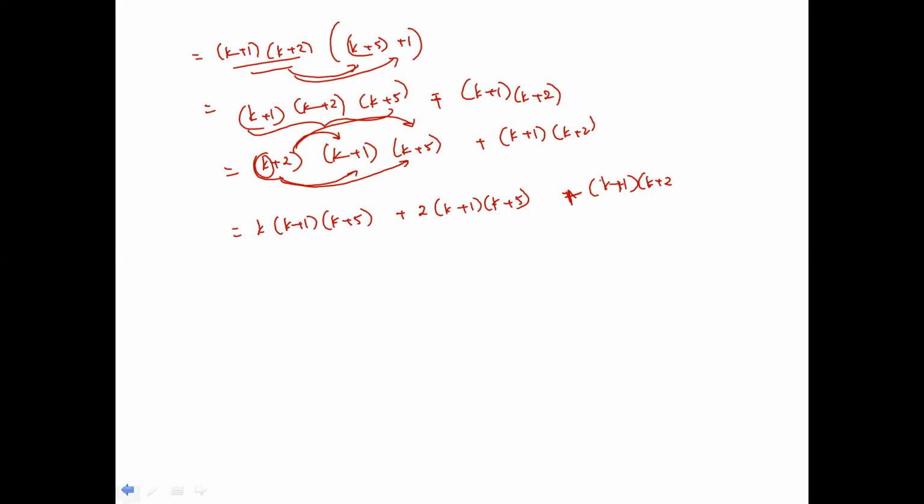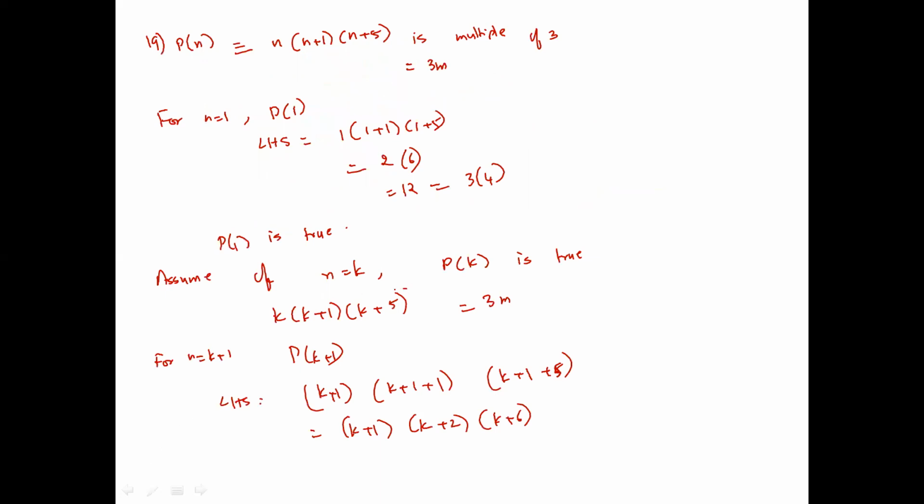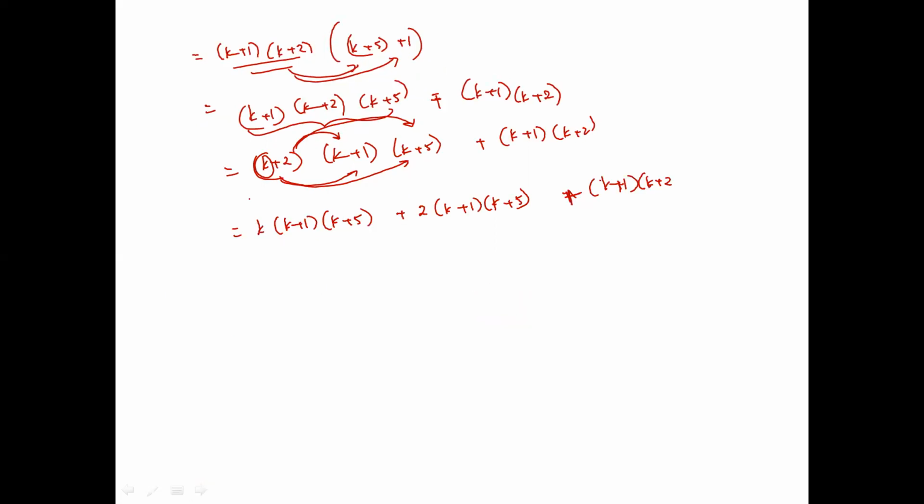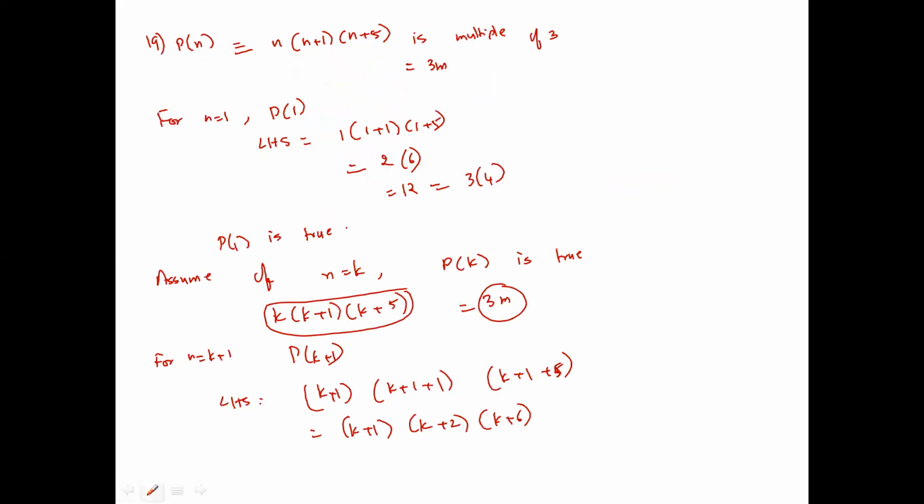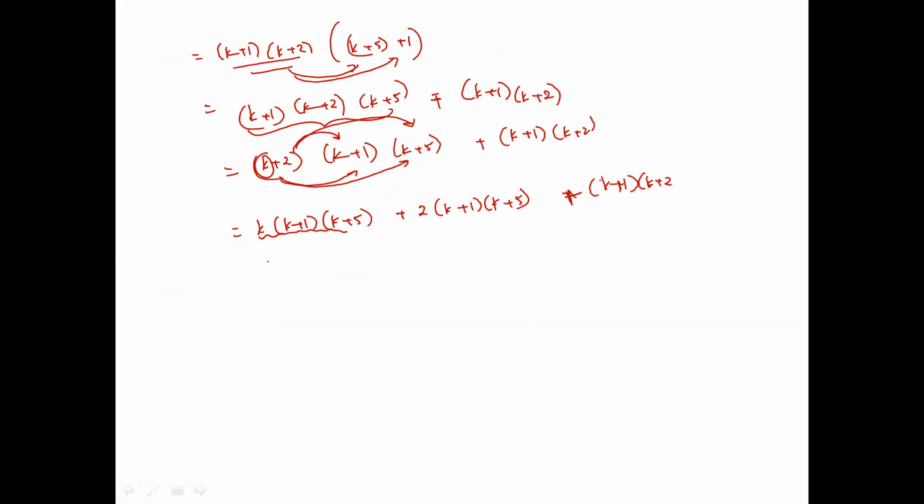So if you try to use P of k now, k(k+1)(k+5) is 3m. So k(k+1)(k+5), I can write it as a multiple of 3. Then from these two, I can take k plus 1 common.